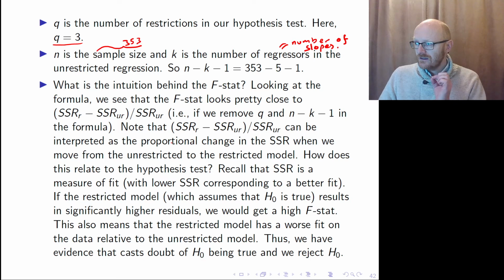So it's a proportional change, and you have to understand that the restricted model will provide a worse fit than the unrestricted full model, which means that the sum of squared residuals for the restricted model is bigger than for the unrestricted model.